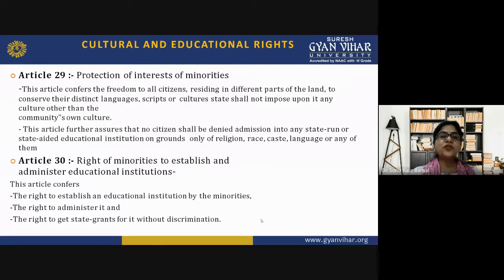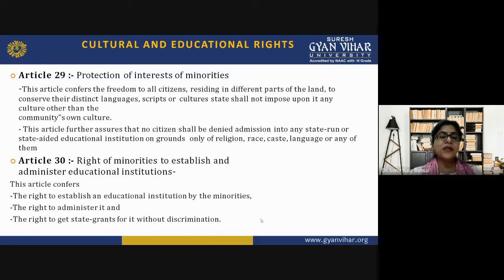Cultural and educational rights are also involved, Articles 29 and 30. Article 29 is about protection of interests of minorities. This article confers the freedom to all citizens residing in different parts of the land to conserve their distinct languages, scripts, or cultures. The state shall not impose upon it any culture other than the community's own culture.